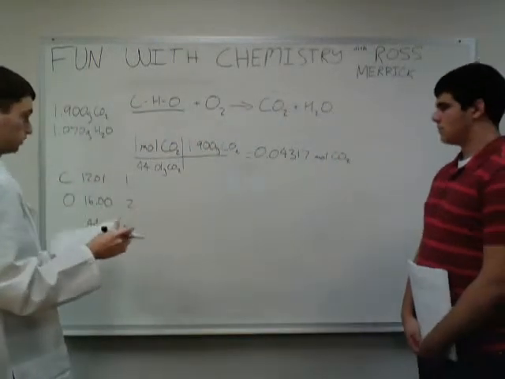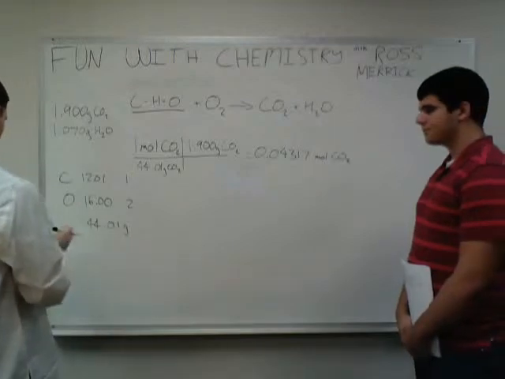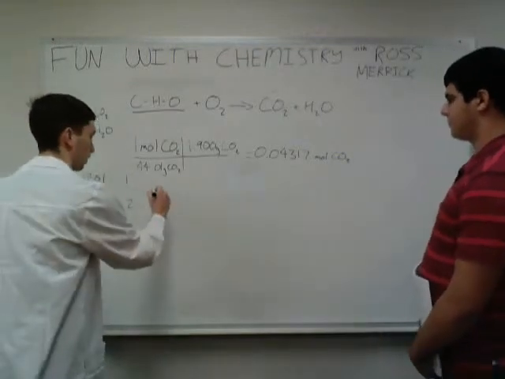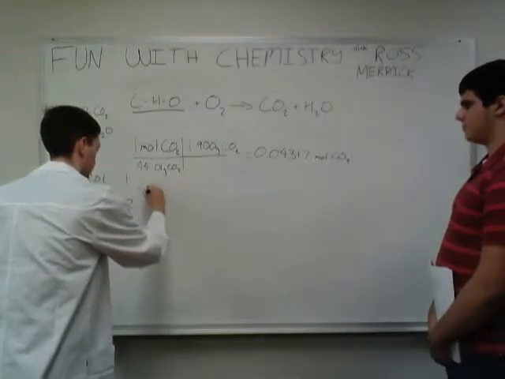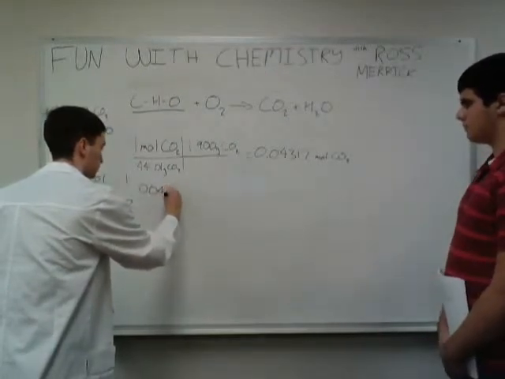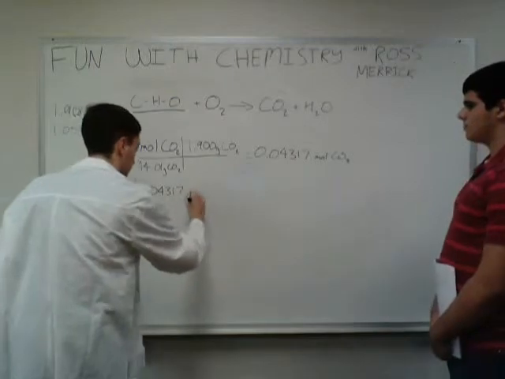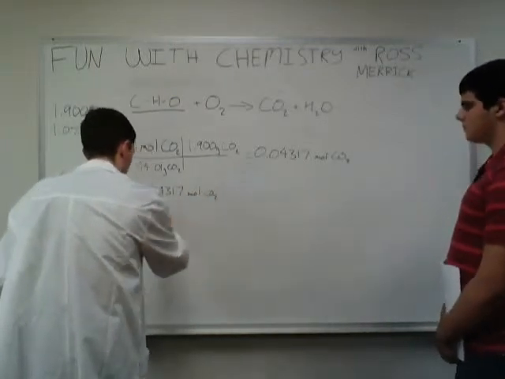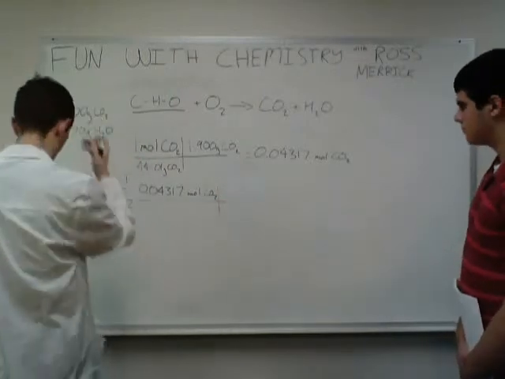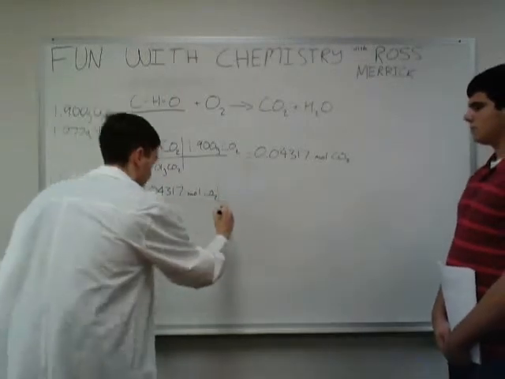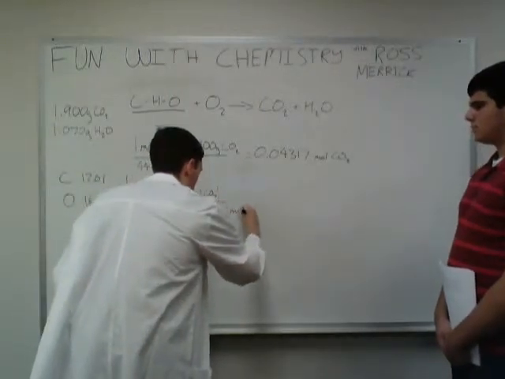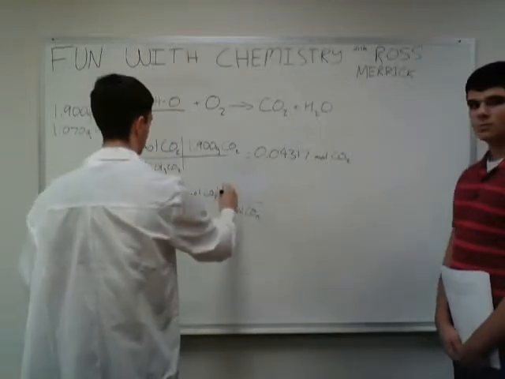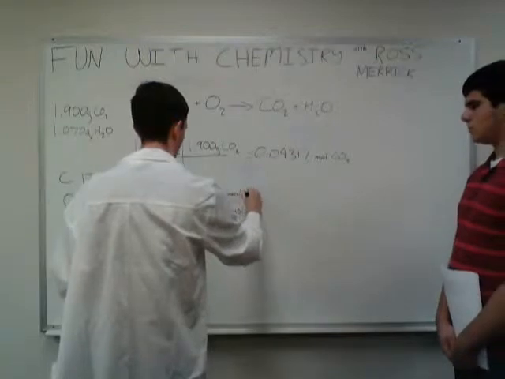Now that we have moles of CO2, we can calculate the mass of carbon. We'll start with our 0.04317 moles of carbon dioxide, and then we have our conversion factor. There's 1 mole of carbon dioxide, and in that 1 mole of carbon dioxide, there is 1 mole of carbon.